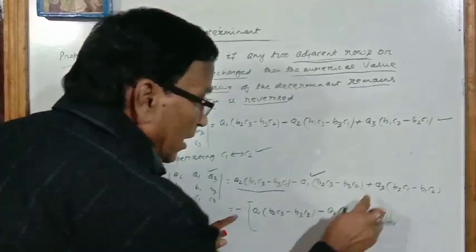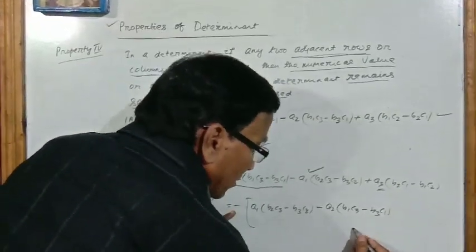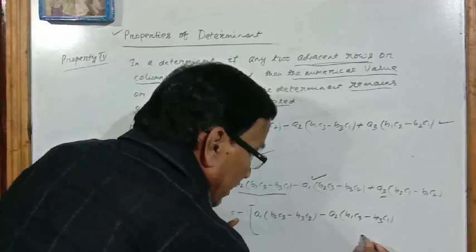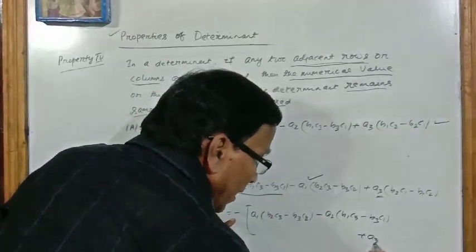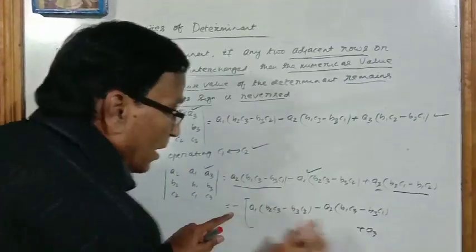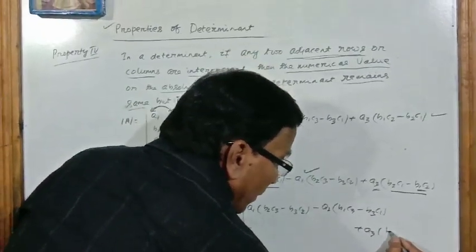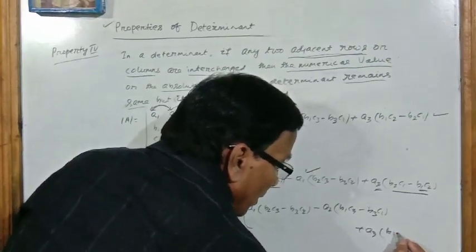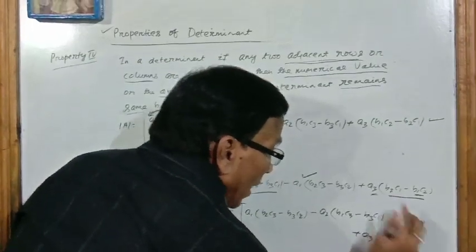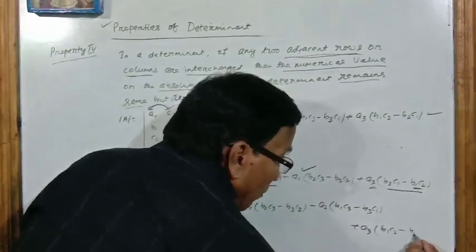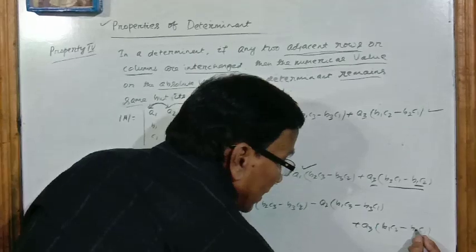And taking minus common here, this plus A3 becomes plus. If we take plus A3, then this term will come first: B1 C2 minus B2 C1. Taking minus common, we get this.